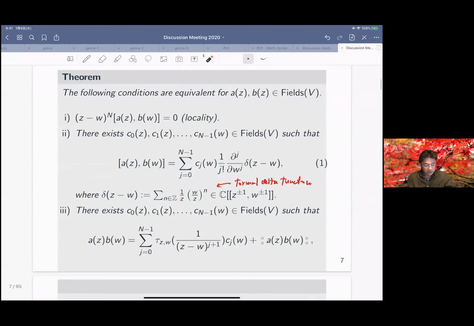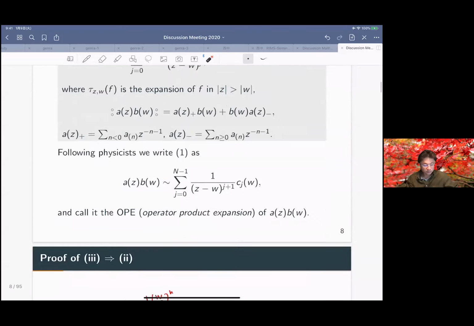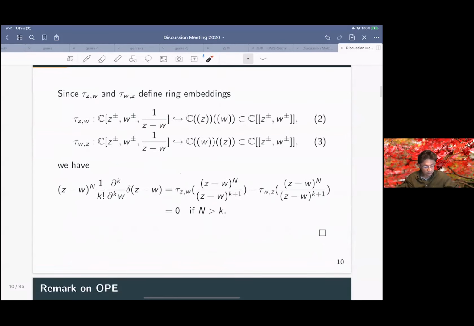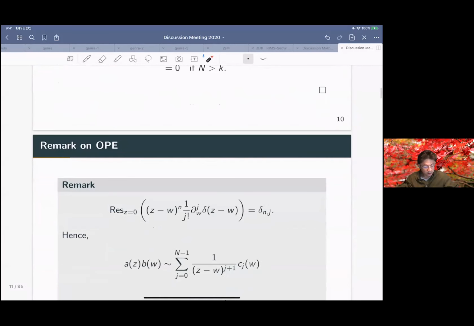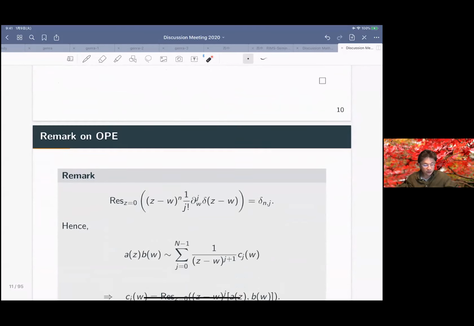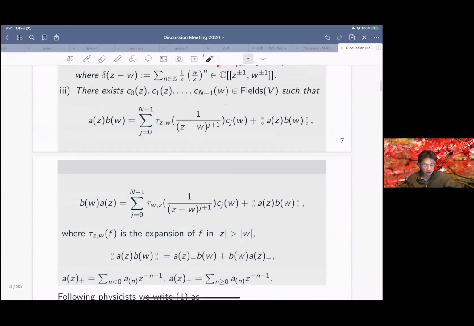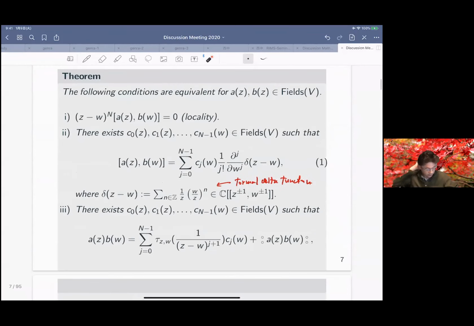And so the statement of equivalence of this and this is that the element which is killed by some power of z minus w has to be a sum of derivatives of the delta function, which is not difficult to see. Okay, so I tried.